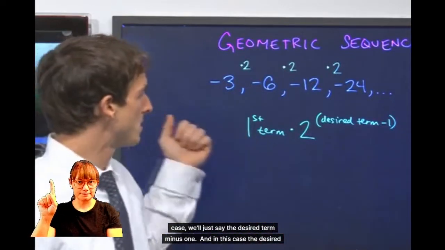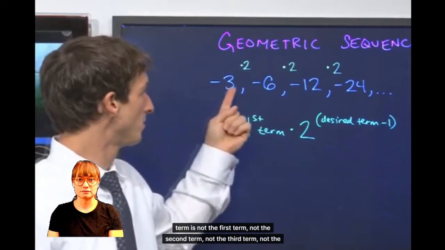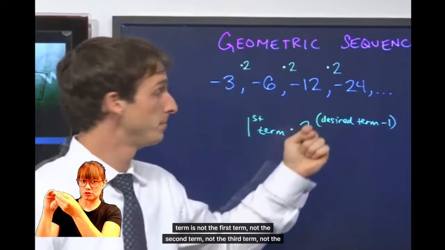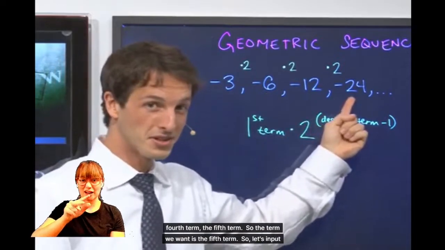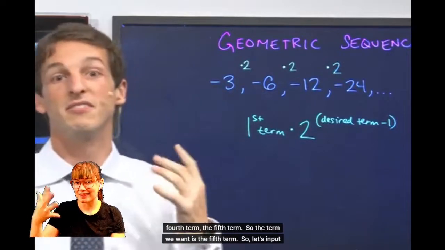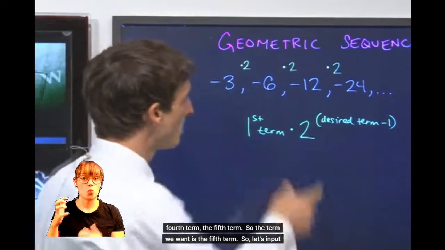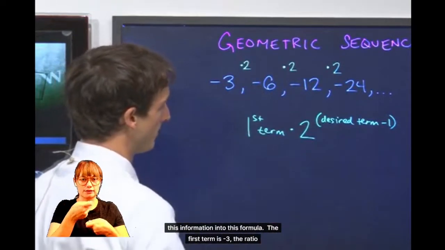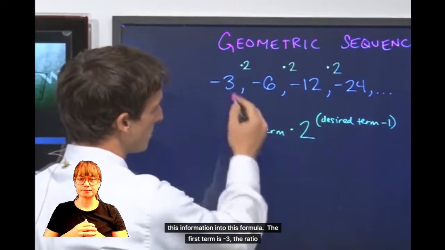And in this case, the desired term is not the first term, not the second term, not the third term, not the fourth term, the fifth term. So the term we want is the fifth term. So let's input this information into this formula. The first term is -3.